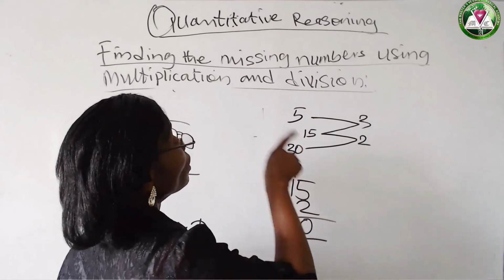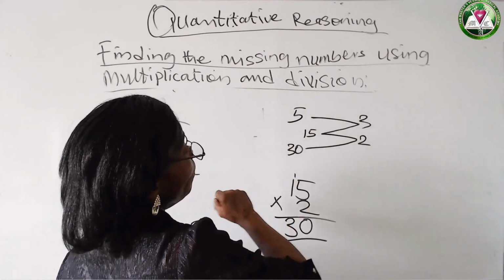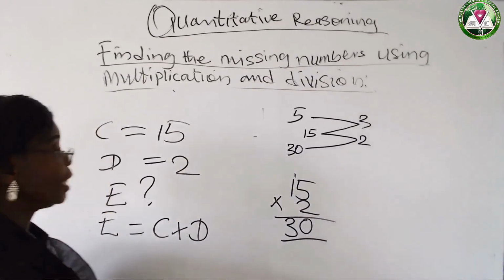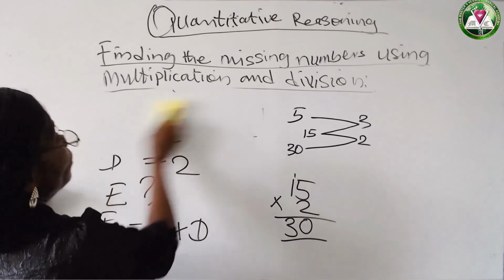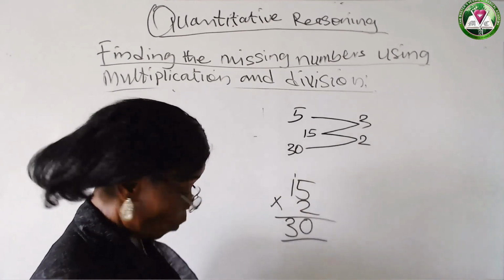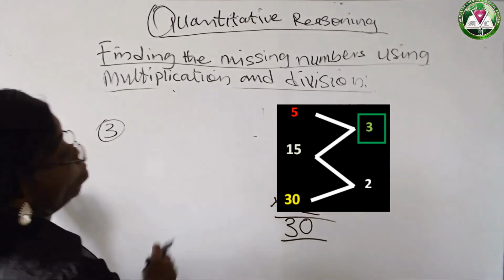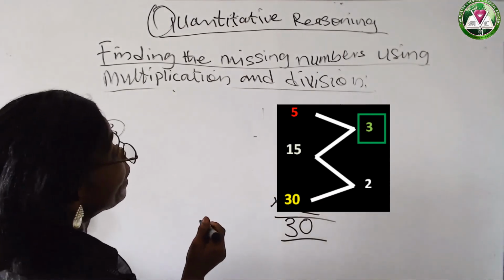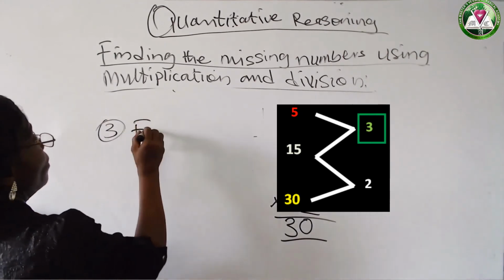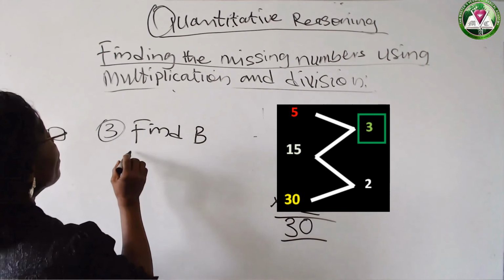Now let us look for how to get 5, which is A, 2, which is B, and 2, which is D. Okay, number 3. Find B. Let's look for B. Or find 3.